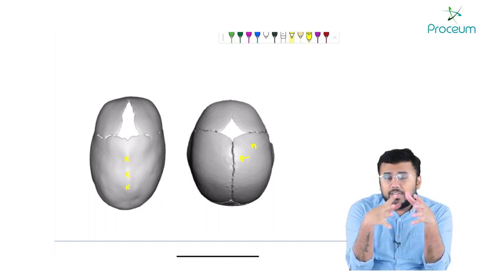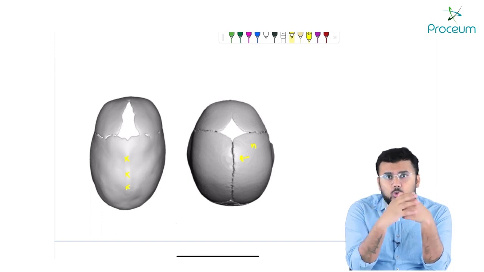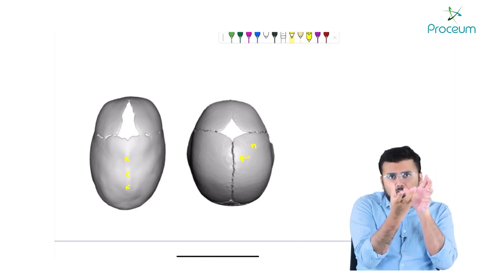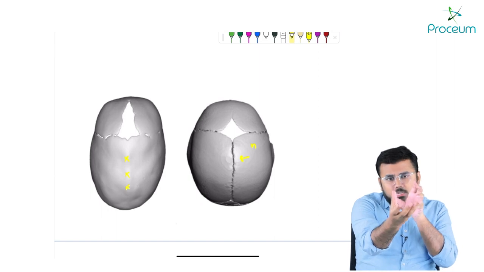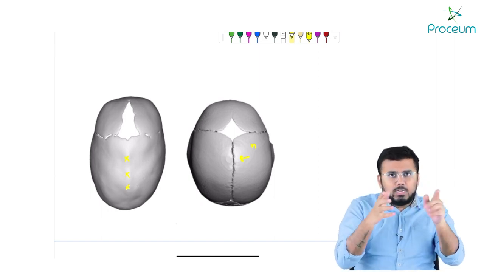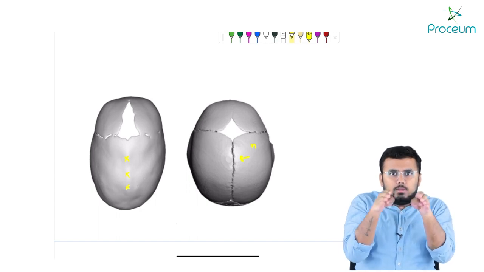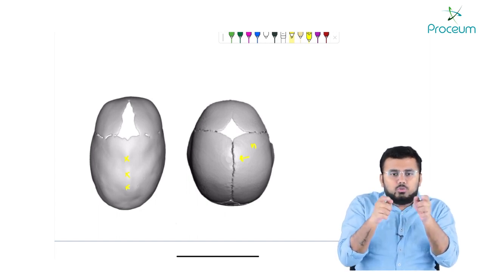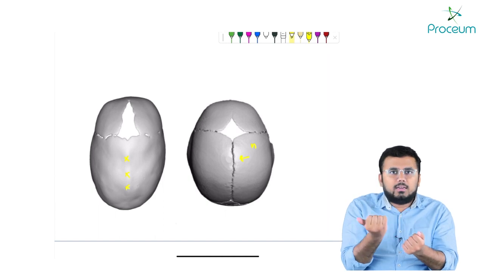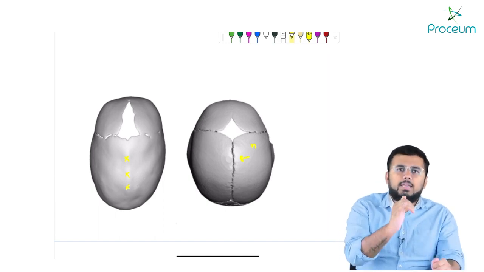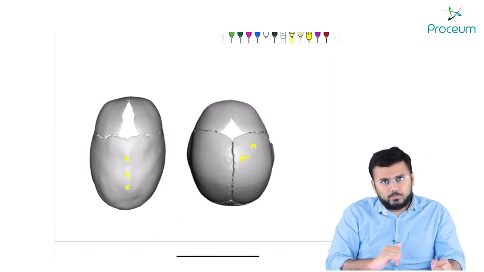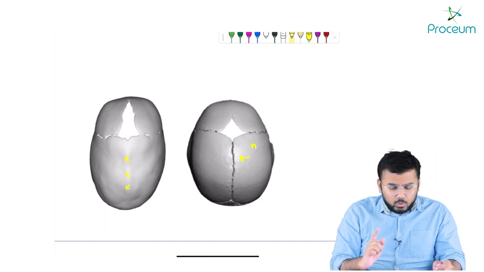So the brain is finding a space to grow there. The brain starts growing anteriorly like this, and backward like this. Side to side the brain will not go because these bones are closed. So there is no lateral growth, there is only anterior to posterior growth.